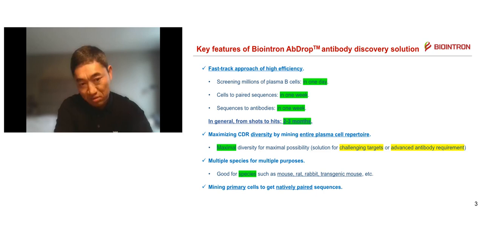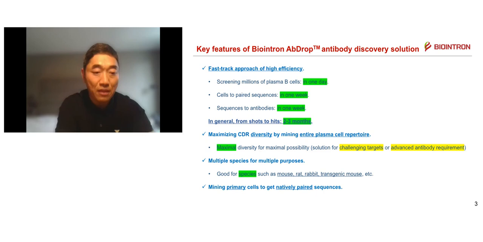Third, I would say our Biointron AbDrop antibody discovery solution is good not just for mouse as a host. It's also good for rat, rabbit, and transgenic mouse. We're now working on more species, like human PBMC and some other bigger animals.